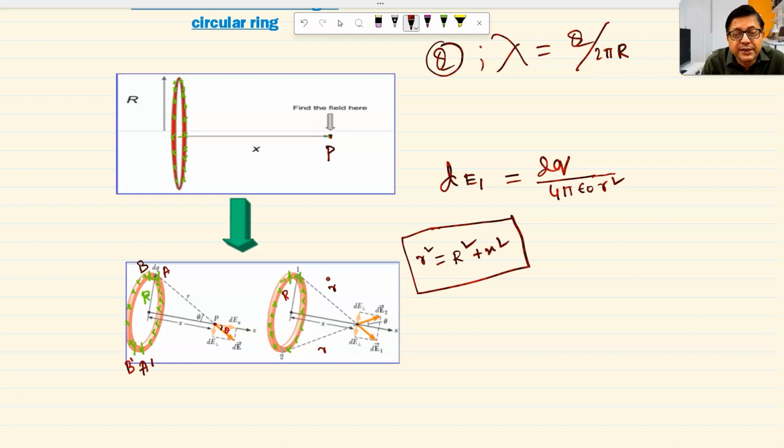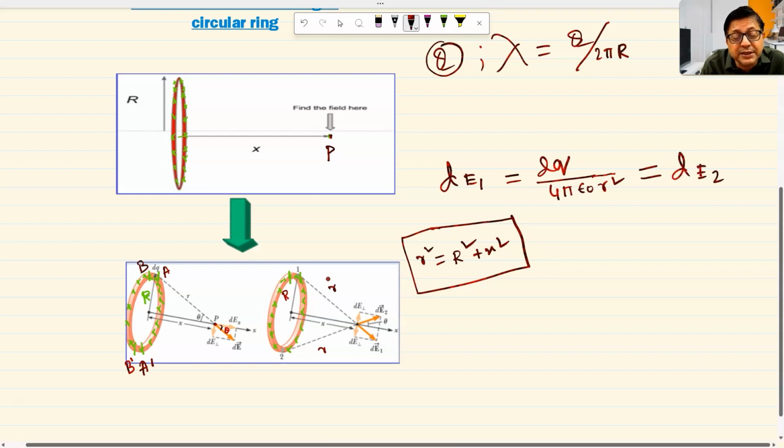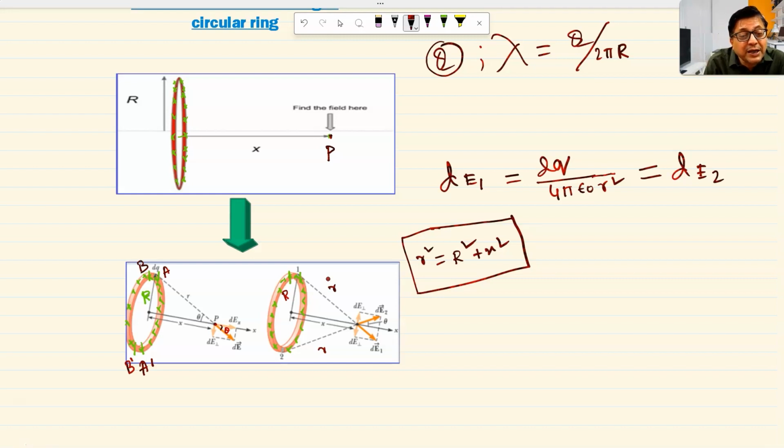This is directed in this direction as it is shown here. It's a vector quantity dE1 directed this way. And the magnitude of dE2, that symmetrically opposite portion, has the same value. It is directed in this manner. Now the components of dE1 are dE1x and dE1y.